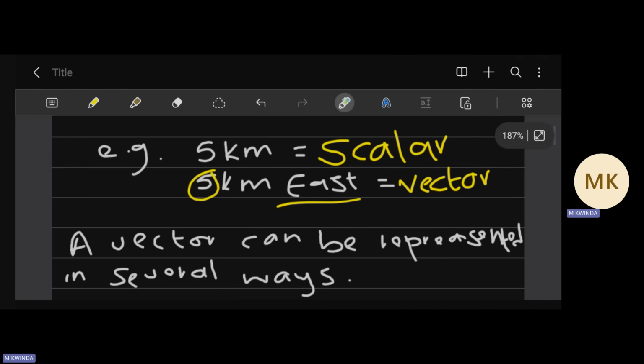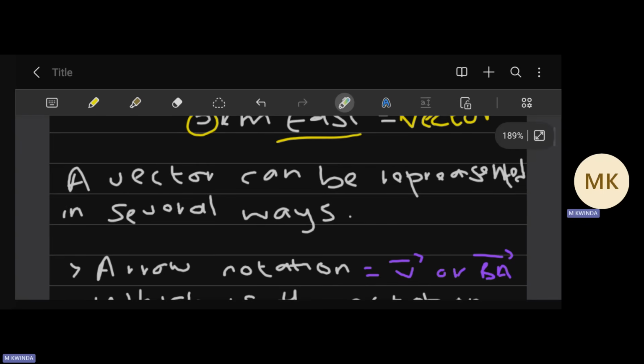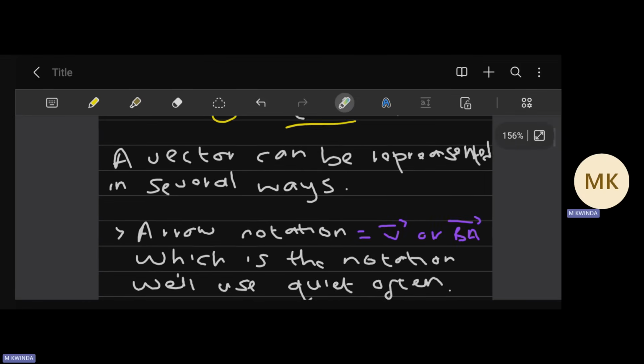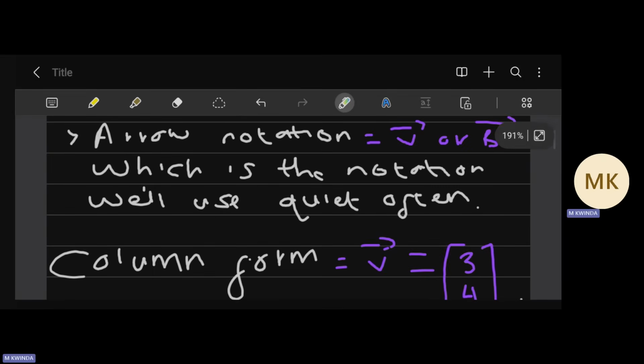A vector can be represented in several ways. The first one is the arrow notation. That little arrow on top of the letter tells you it's a vector, and that's the notation we're going to use quite often.